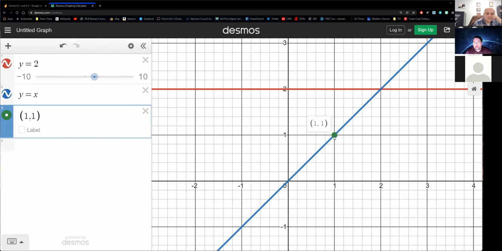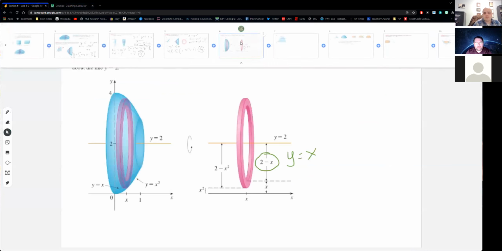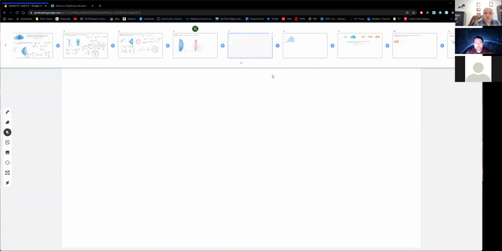All right, so I'm taking that point right there, on that curve, and I'm going to rotate it around the y equals 2 line. At that point, I need to know what the radius is. At that point right there, my radius is 2 minus 1. Okay, because I'm looking at the line, so I can draw it, because the line starts at 2 and the point ends at 1. Right.